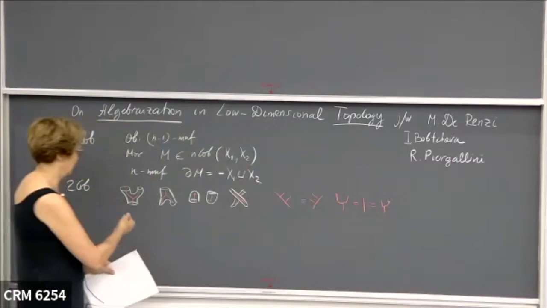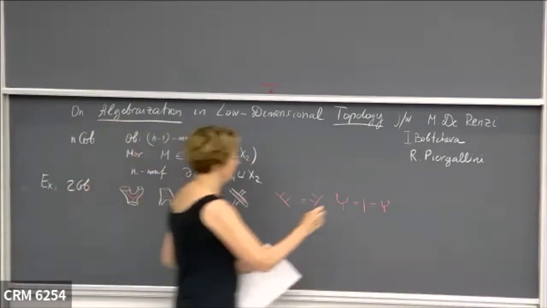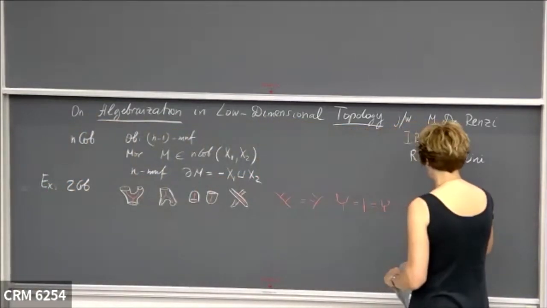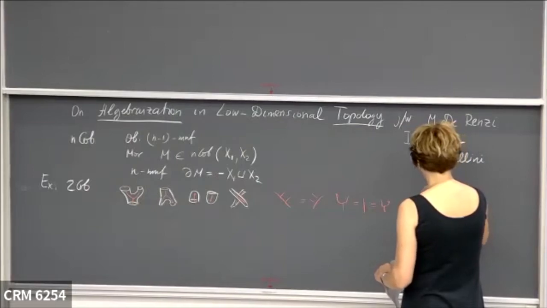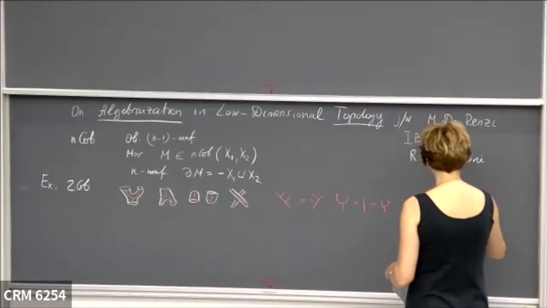And the only interesting relation is the Frobenius relation, like this. It's about compatibility of multiplication and comultiplication.